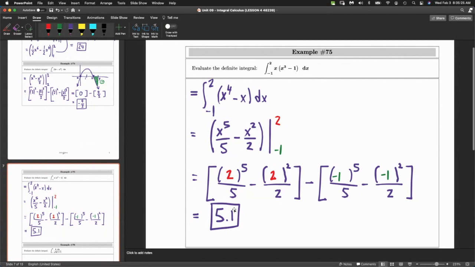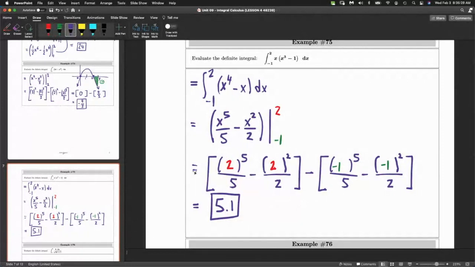Let's go through it slowly, okay? No, don't cast away your answer that badly. This is 32 over 5 minus 2 minus 1 over 5 minus half.